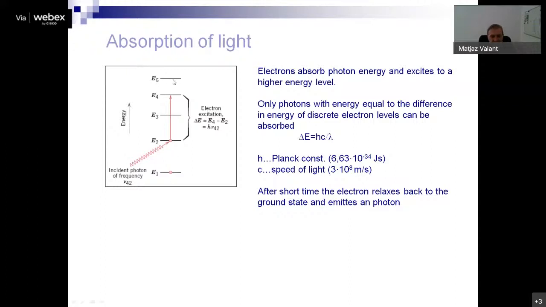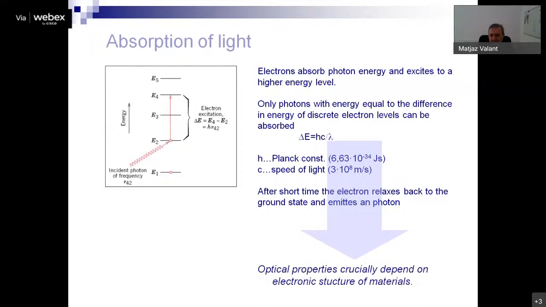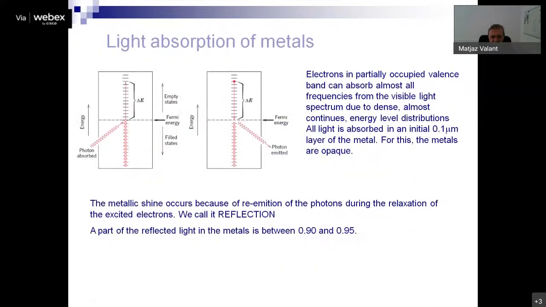And this is the basis for all the optical properties. Through that mechanism, we can also understand that the electronic states, their electronic structure, will define the optical properties. Now let's have a look at how metals absorb light.